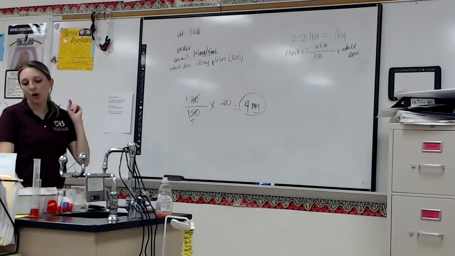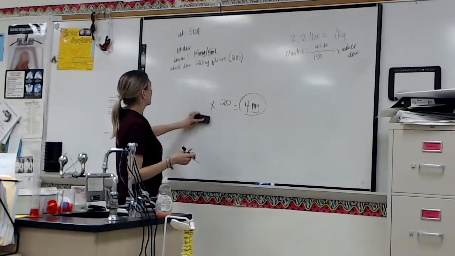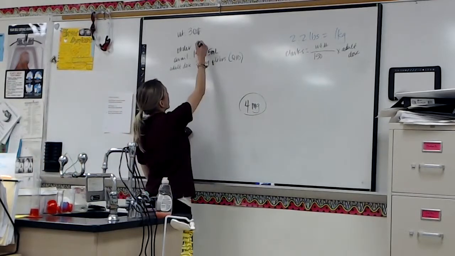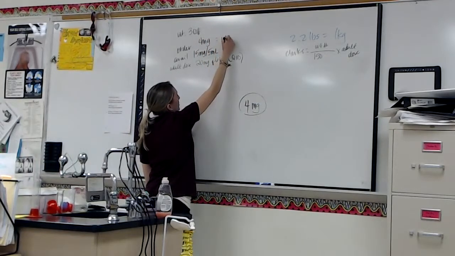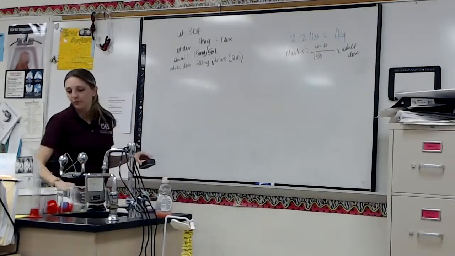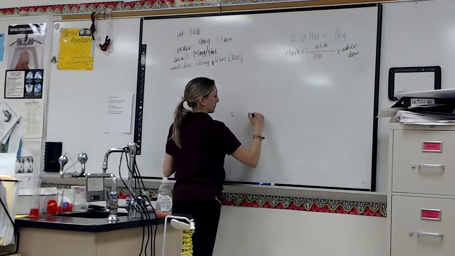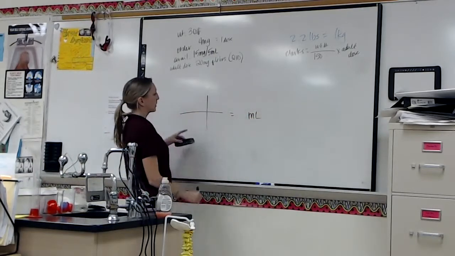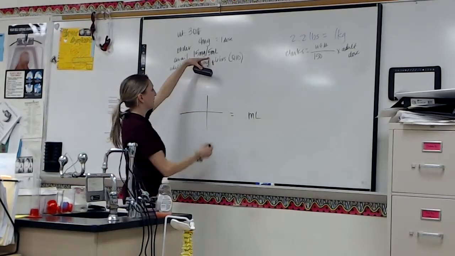Now it says, what is the volume of each dose to be given in the metric system? So we want milliliters. We know the order is for 4 milligrams. That equals 1 dose. I'm just going to write that up there for my notes. Now we want to know milliliters, the volume. So I'm going to put my medication strength that's available.